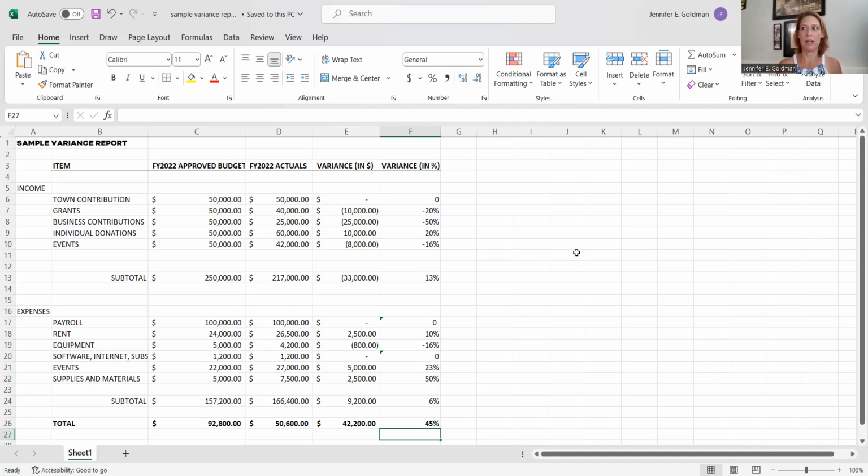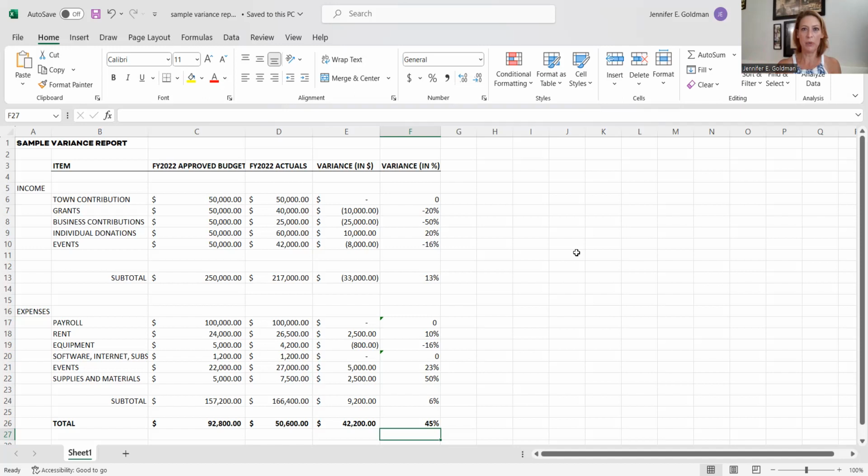Was there something extraordinary about one of our fundraisers? Is there something we can capitalize on so that next year we know that donation is going to bring in a lot more than we expected? So let's raise our goal. Let's leverage what we have here. And so the smaller the variances, the better you're planning and predicting the financial future of your organization.